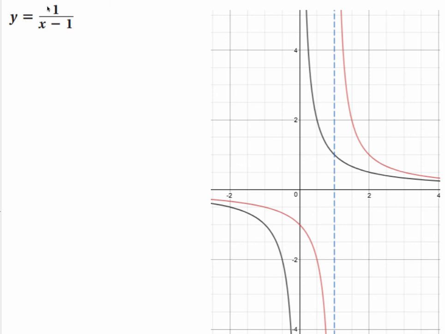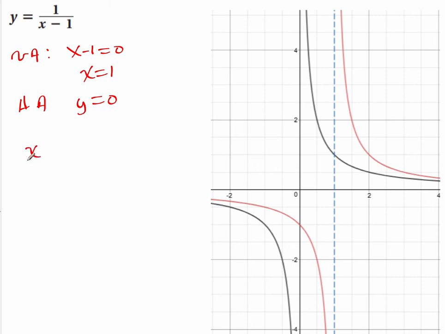When you graph something like y is equal to 1 over x minus 1, you need to shift your vertical asymptote. Your vertical asymptote will be when x minus 1 is 0, or when x is 1. So go ahead and graph that in. Your horizontal asymptote is still going to be y is 0.